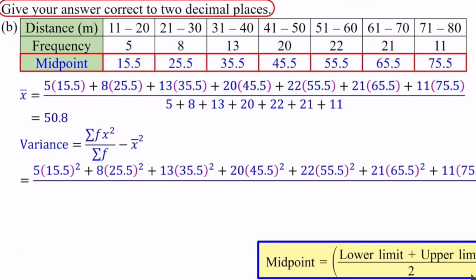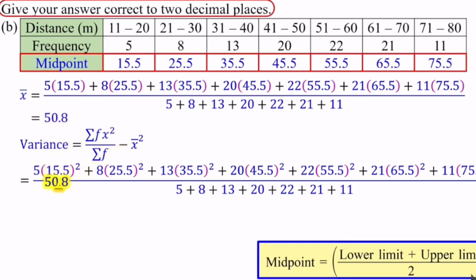Draw a long line. 5 times 15.5 square plus 8 times 25.5 square plus 13 times 35.5 square plus 20 times 45.5 square plus 22 times 55.5 square plus 21 times 65.5 square plus 11 times 75.5 square. Remember to put bracket to show that only the midpoint is squared, over the total frequency, which is 5 plus 8 plus 13 plus 20 plus 22 plus 21 plus 11.